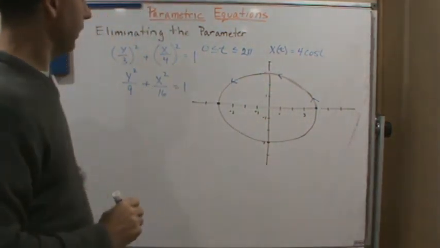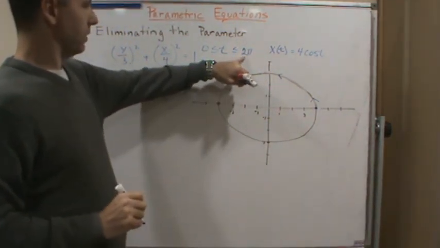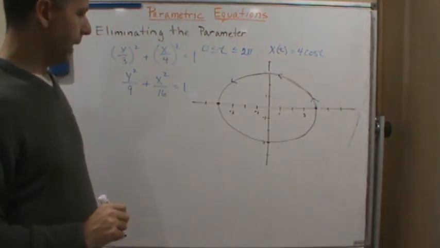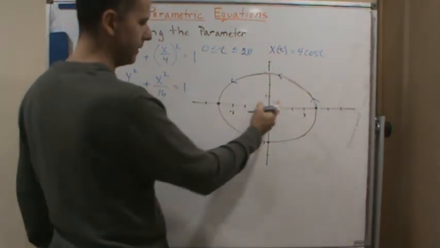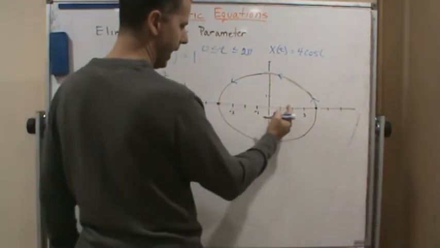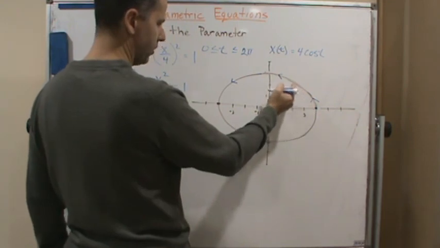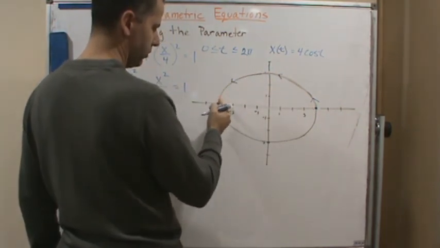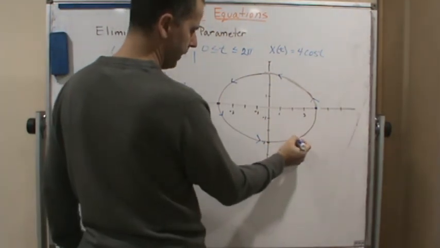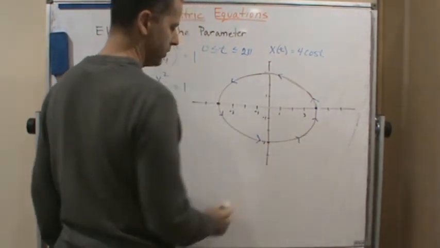Now, when t is 2 pi, we're right back to 4. Positive 4, x is positive 4. So basically x is going this way, and then it's coming back, right? So we get this trace that goes all the way around and ends up right back where it started.